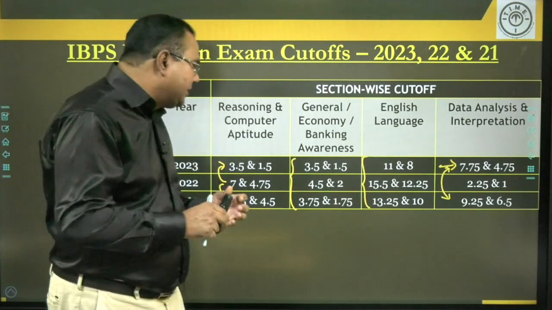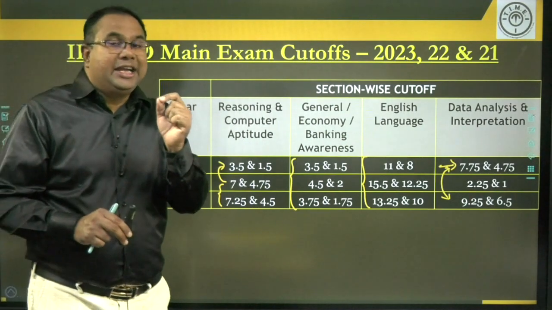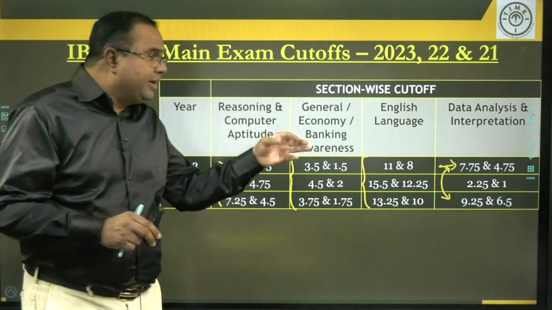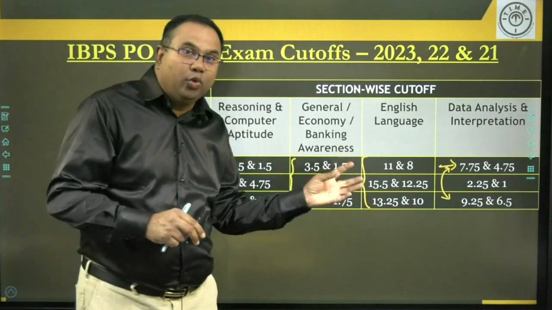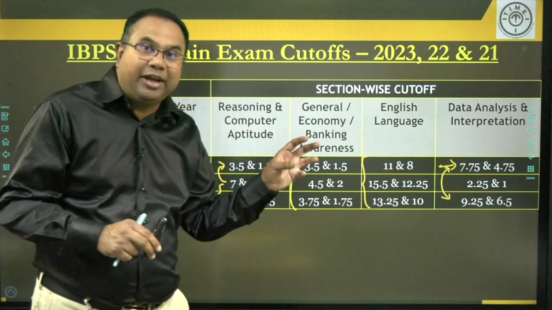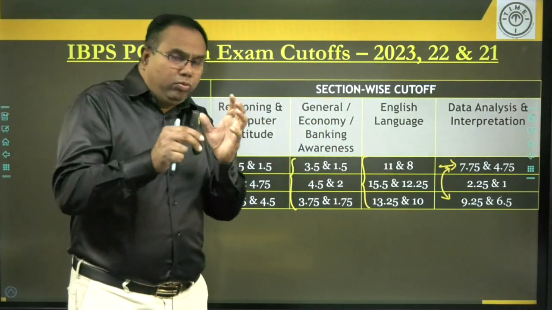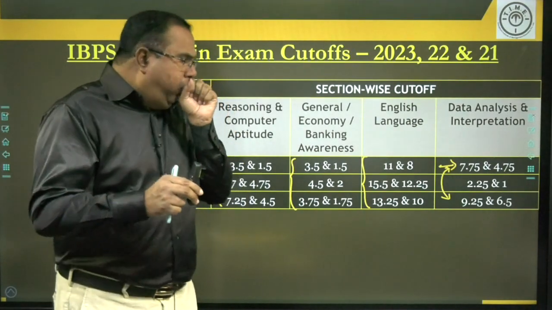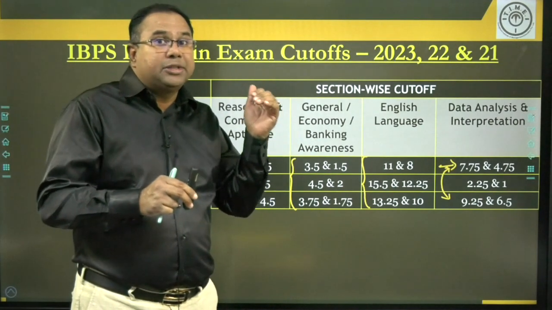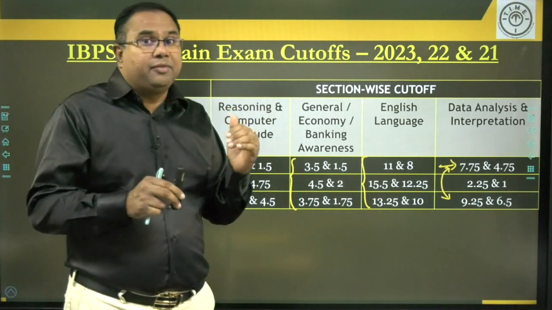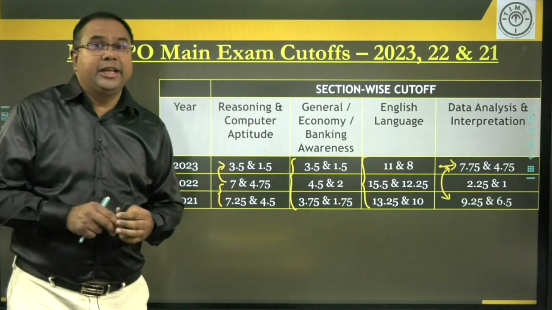The IBPS PO 2022 paper was very difficult compared to 2021, even compared to 2023. In 2021, the cutoff was around 9.25 for general category and 6.5 for reserved categories. This year 7.75 and 4.75, slightly less. But last year it was 2.25, the cutoff was very low. That means the data analysis and interpretation section was difficult in 2022.